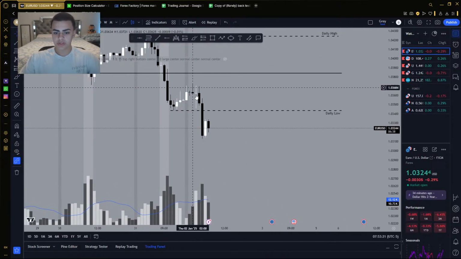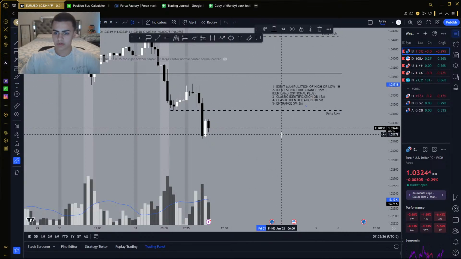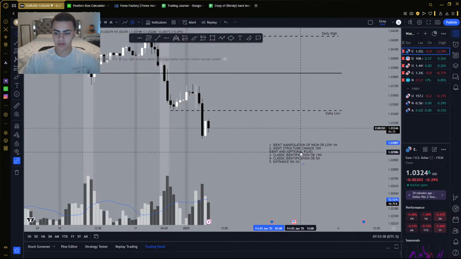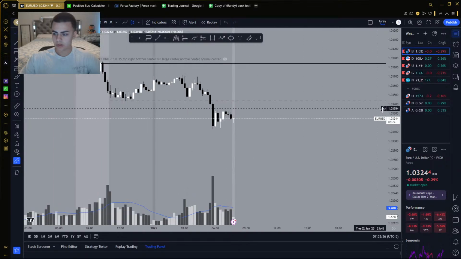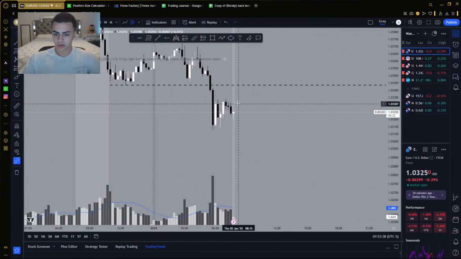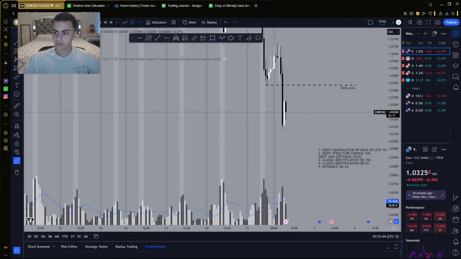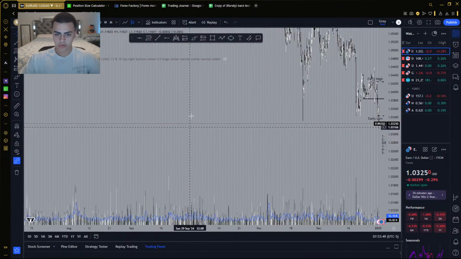Alright, so we're seeing that it's manipulating the daily low right here. Identify the manipulation of the daily high or the daily low in 1 hour, and we see that it's manipulating the daily low. And right here, we see that it might want to come back up. If we zoom out, it finds liquidity here.